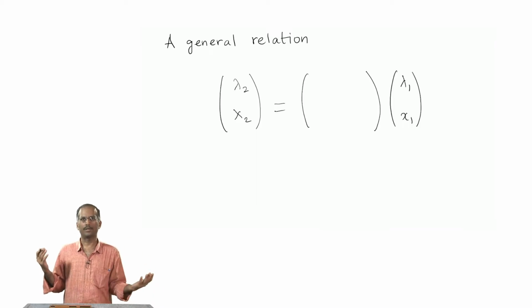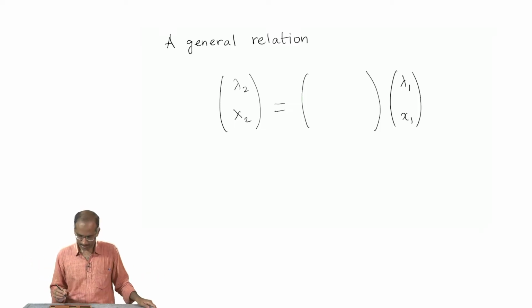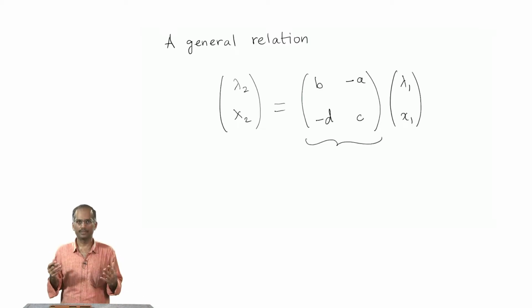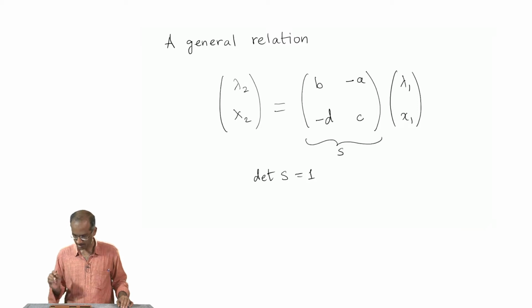Now, how is lambda 1, x 1 related to lambda 2, x 2? That is the question. Everything that happens inside your optical system is encoded in this matrix. If I call this matrix S, the determinant of this matrix is 1.